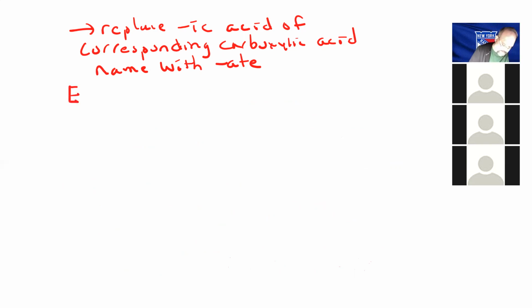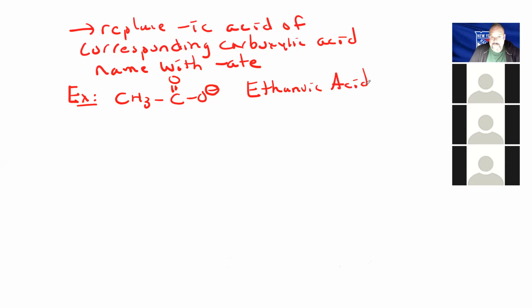And just to look at the one that we talked about in the notes. So remember, your carboxylate ions have C double bond O connected to O minus. If this was a carboxylic acid, in other words, if instead we had C double bond O connected to OH, a 2-carbon carboxylic acid would be known as ethanoic acid.